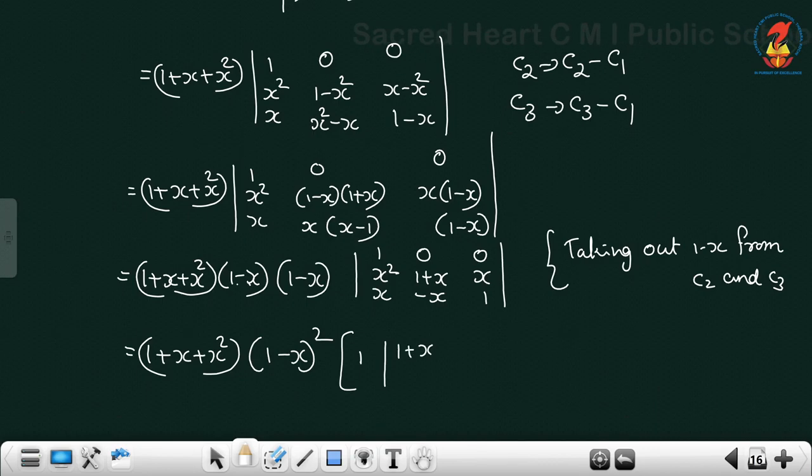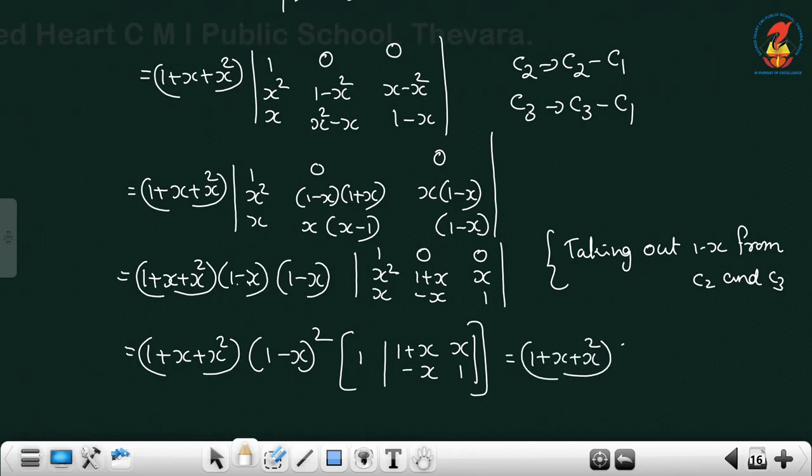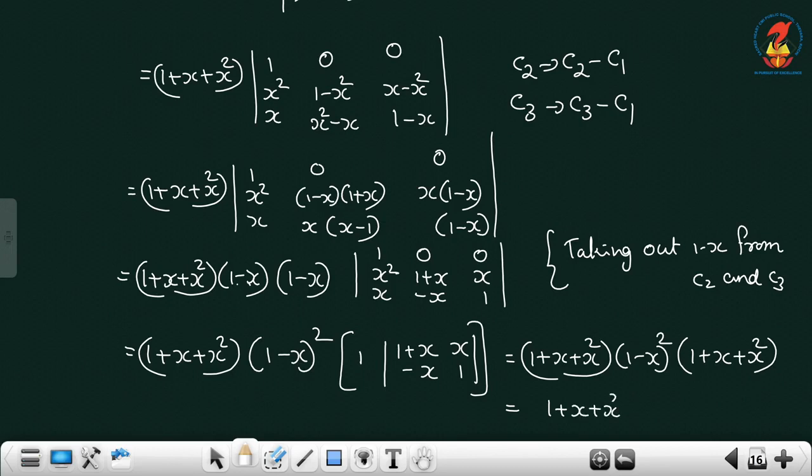Cross multiplying, we get (1 plus x plus x²) whole square and (1 minus x) whole square.